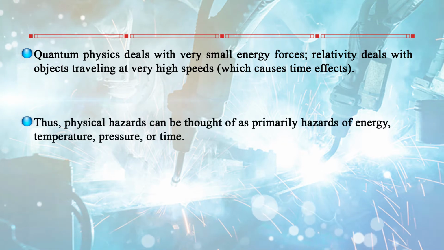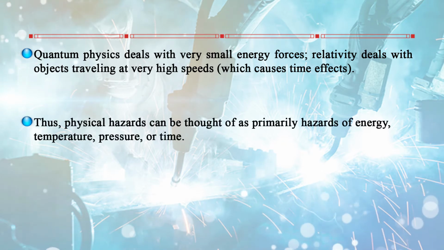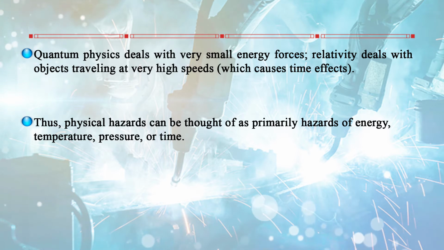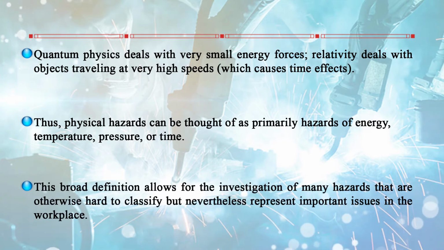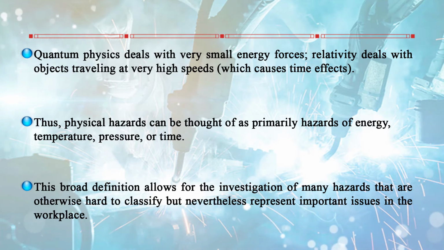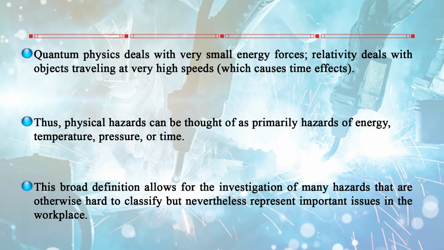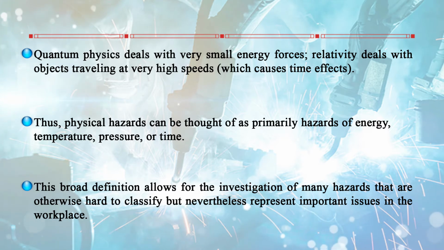So physical hazards can be thought of as primarily hazards of energy, temperature, pressure or time. This broad definition allows researchers to classify many hazards that represent important issues in the workplace.